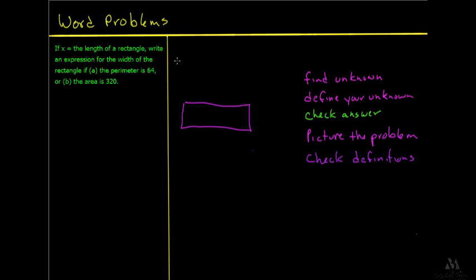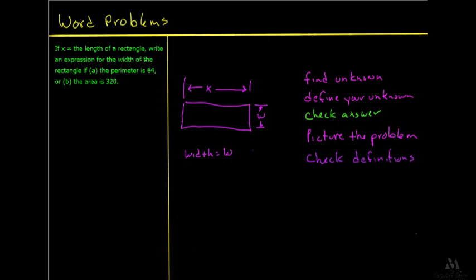And it says x is the length. So here's my length. And we are wanting an expression for the width. So I'm going to go ahead and draw me a W for my width here. So width equals W.